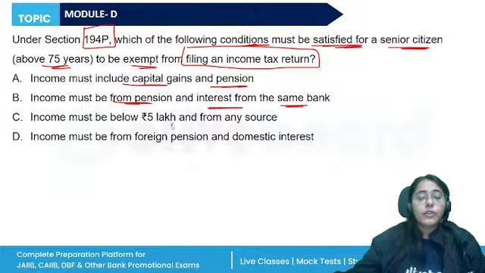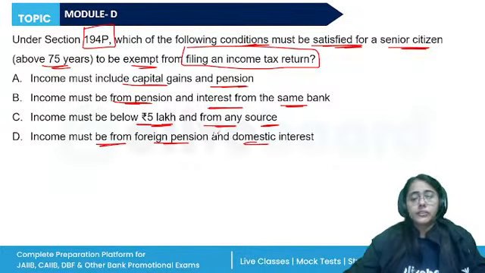Income must be below 5 lakh rupees and from any source. Income must be from foreign pension and domestic interest. So those citizens under section 194P, they are exempt from filing the ITR. When will they get this exemption? Resident senior citizen between the age group of 60 to 80 years.